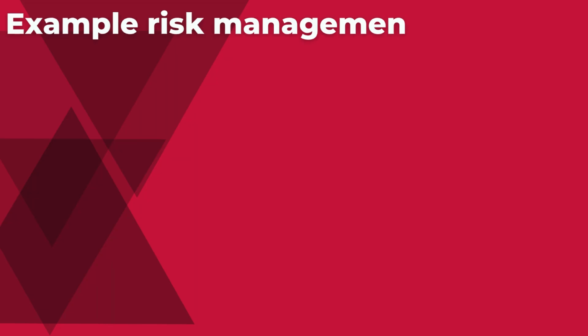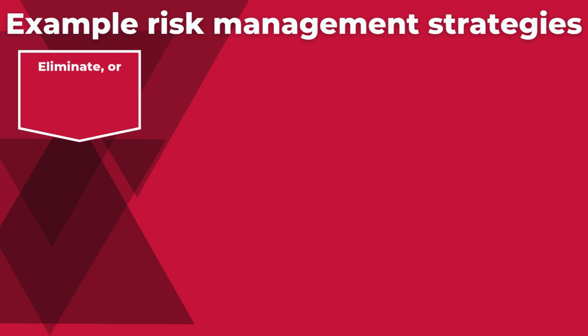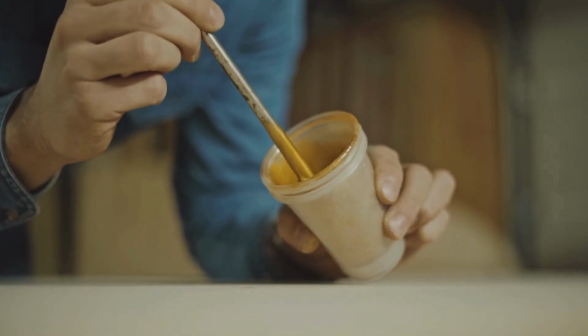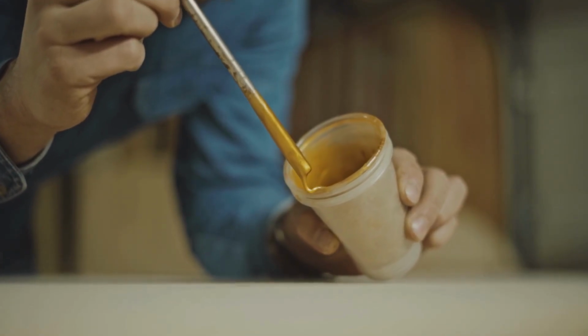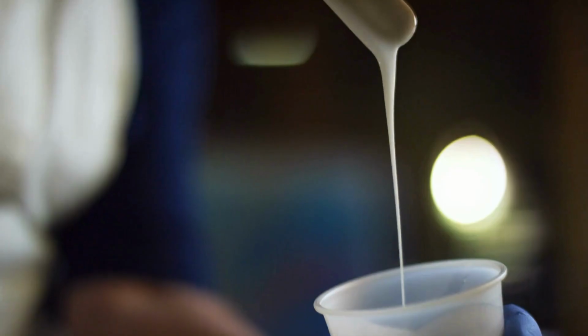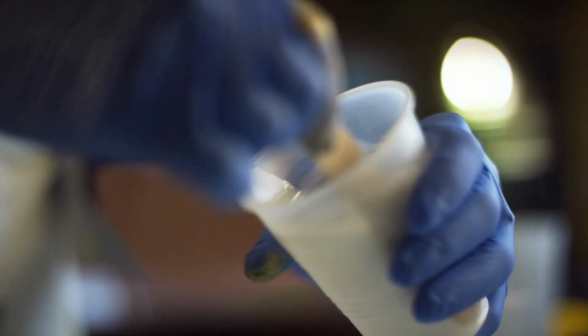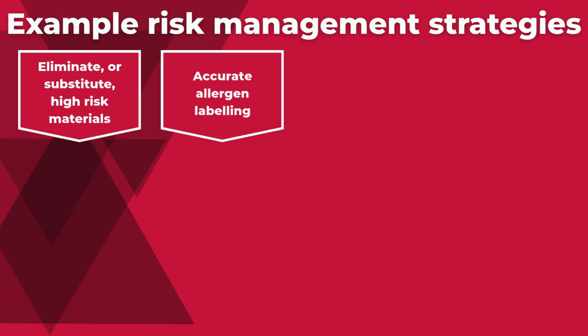Here are some examples of risk management strategies. The first could be to eliminate or substitute high-risk materials with safer alternatives. For example, a manufacturing plant identifies an epoxy resin is triggering allergic contact dermatitis in workers, and it transitions to a non-sensitizing alternative product. Implement accurate allergen labelling.